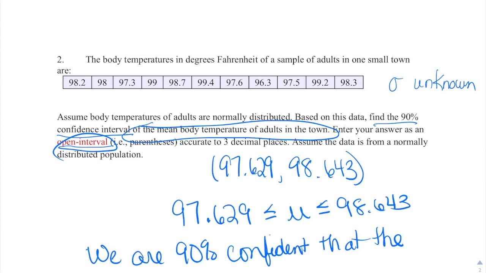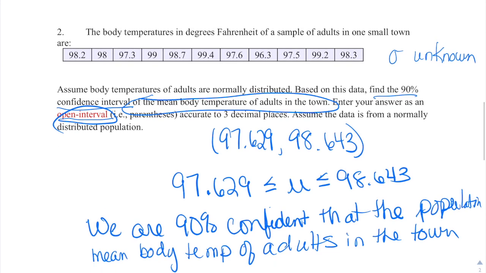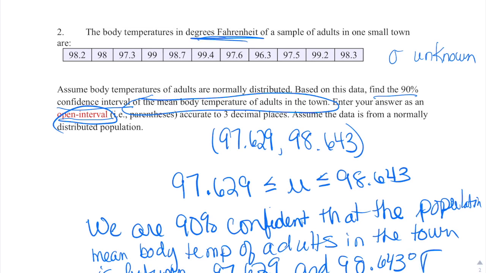We're 90% confident that the mean body temperature of adults in the town. Now, I think they actually even say the population mean, which is fine, is between 97.629 and 98.643. And you have to put the units here, degrees Fahrenheit.